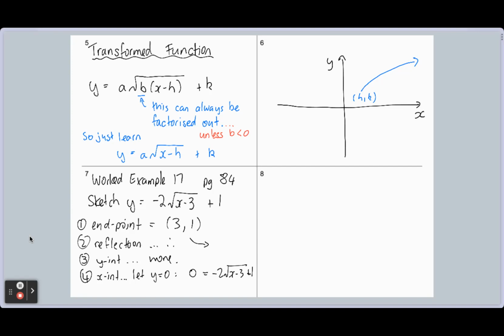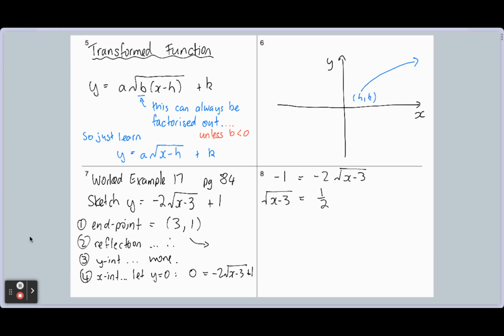Now I'm going to subtract 1 from both sides. You can do this faster if you need to, but I'll just take my time. Minus 1 equals minus 2 outside of x minus 3. Then I'm going to divide negative 2 for both sides and get root x minus 3 on one side and 1/2 on the other. I've just swapped sides at the same time.